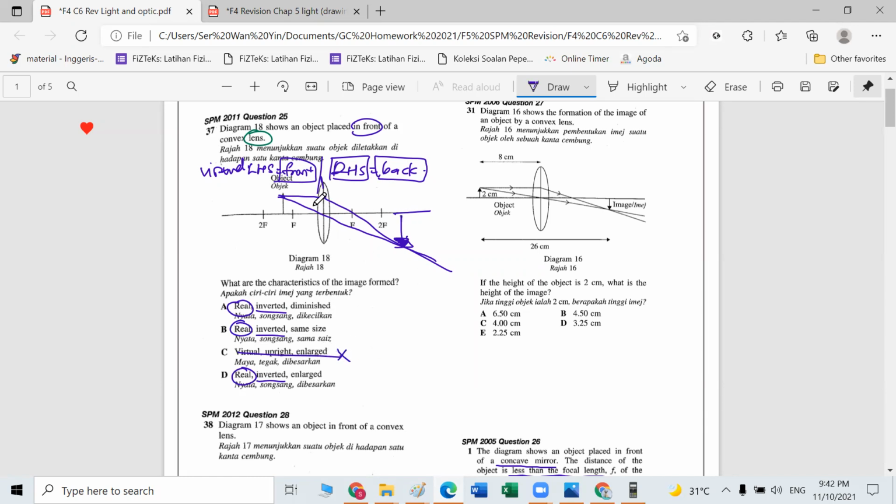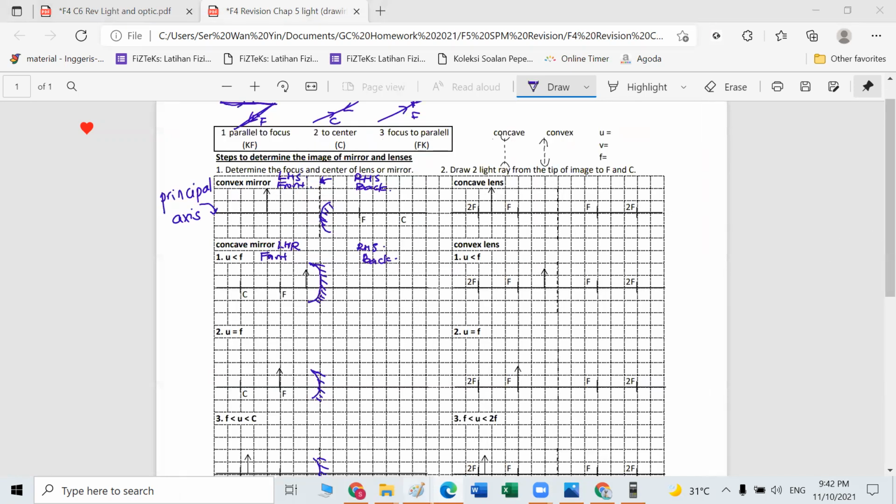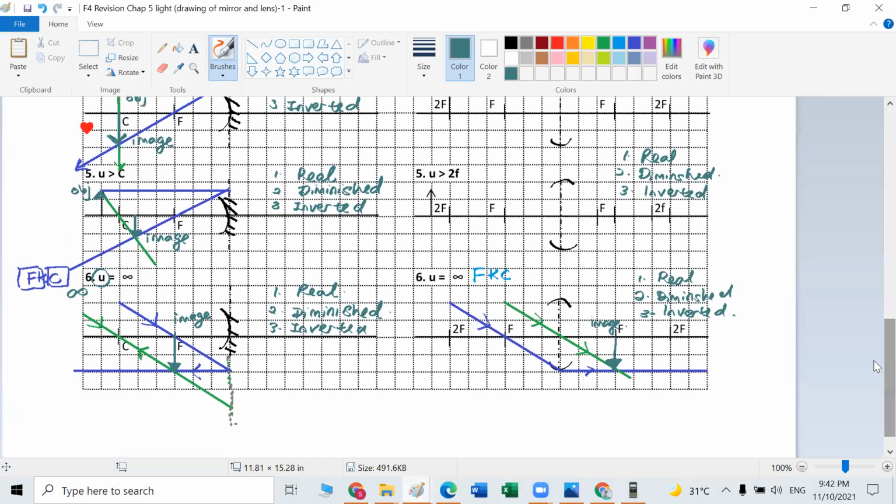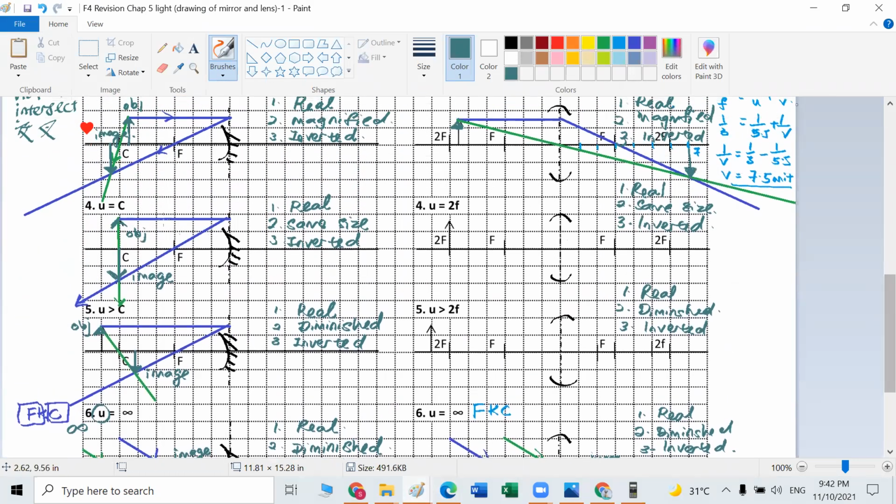Then you can see the distance here also shows the enlargement. The further away, the larger the image. So it will be enlarged. Okay. So if 2F, then it will be 2F. The only same size is either u equals to 2F or the other same-size case.